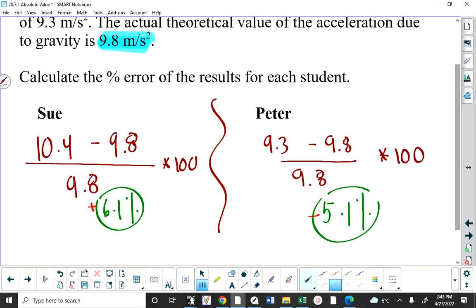What do you suppose we care about in this regard for getting a positive versus a negative? What is that telling us? Right. Sue is 6.1% too high of a value or a result. Peter's 5% too low.